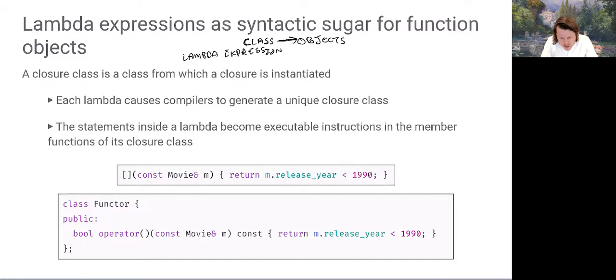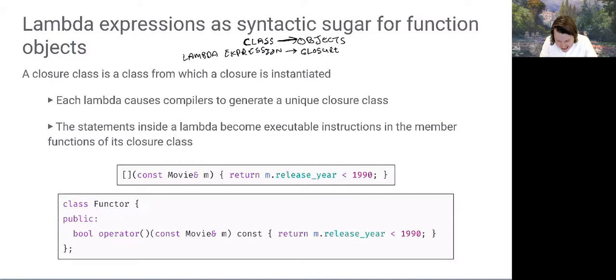Now, when I go to compile my code, the compiler is going to take your lambda expression and generate a class from it, which has the call operator defined for it. In this case, that class is going to become known as a closure class.